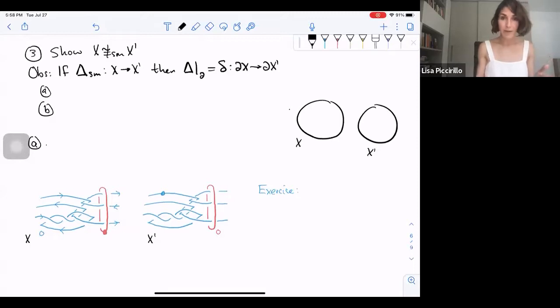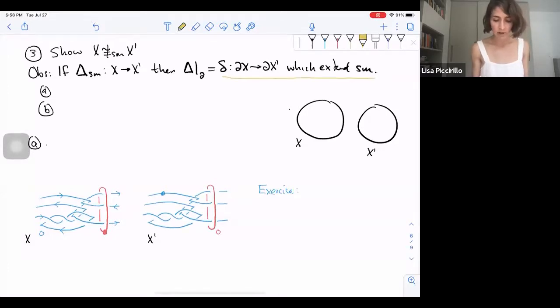And what do we observe about that boundary homeomorphism? It extends smoothly. Okay, that sentence is a bit circular, but the reason I'm saying it is because this is actually what we're going to obstruct. We're going to show that there are no boundary homeomorphisms from X to X prime that extend smoothly.